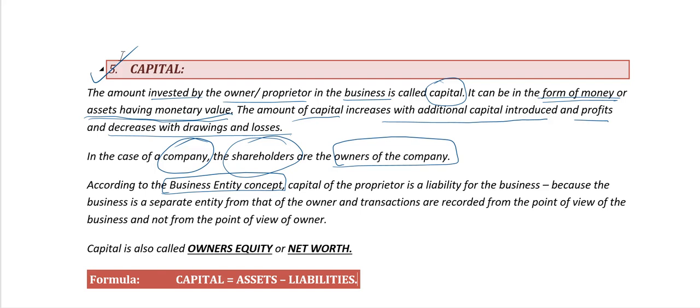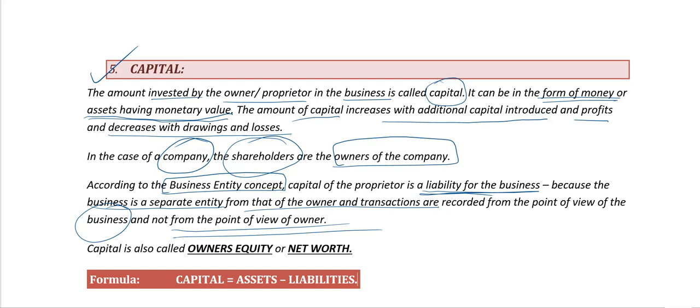So the amount of capital of the proprietor which is invested in the business is a liability for the business. Why? Because the business is a separate entity from that of the owner, and all transactions are recorded from the point of view of the business and not from the point of view of the owner.